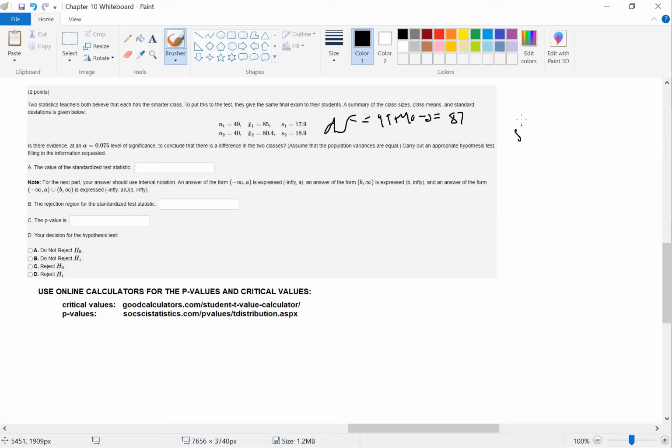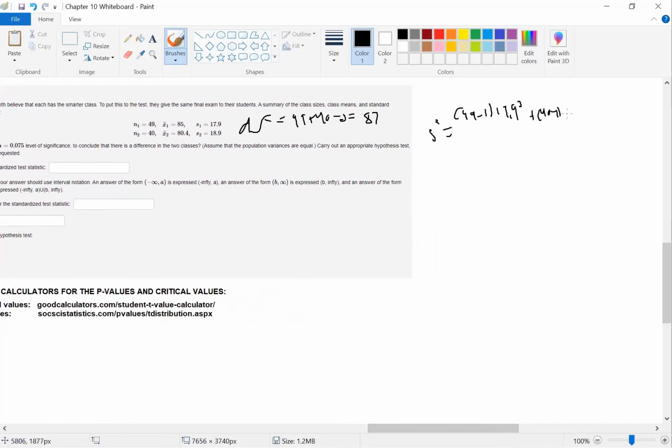Now we need our S squared, which is (49 minus 1) times 17.9 squared plus (40 minus 1) times 18.9 squared, and now we divide that by 87. So I will put this into the calculator.